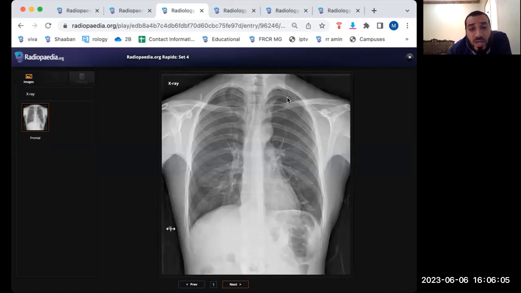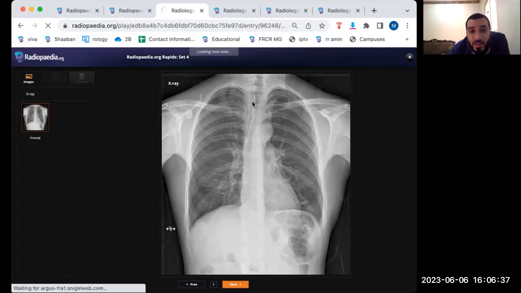If you zoom, you can see it, but you should know the sign and look for it. Visceral pleural line curved at the apex. Okay, and then the rest, free air, the bones, the lungs, everything else is clear. Hilum, no, this is the normal density of the hilum. You should train your eyes on the normal density. And again, you have only one abnormality in the image, only one.